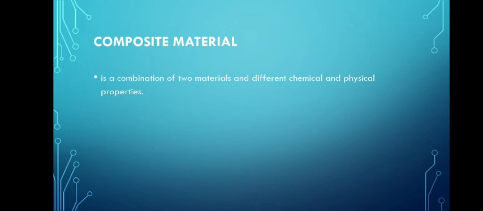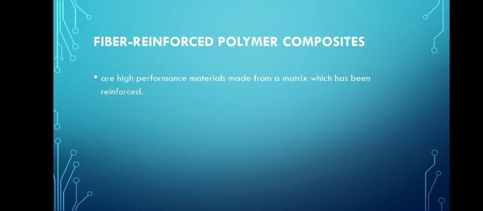A specific type of composite known as fiber reinforced polymer composites are high performance materials made from a matrix which has been reinforced with an engineered man-made or natural fiber, such as glass, carbon, or aramid. In a fiber composite, the matrix protects the fibers from damage and transfers the load between the fibers.